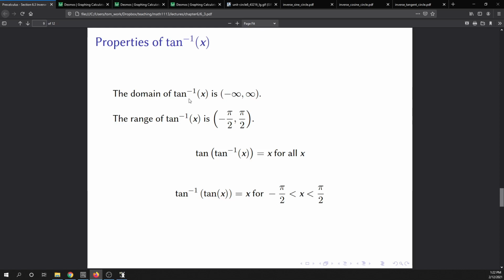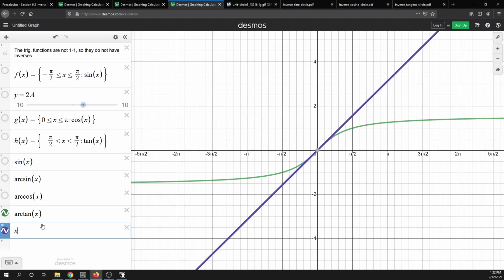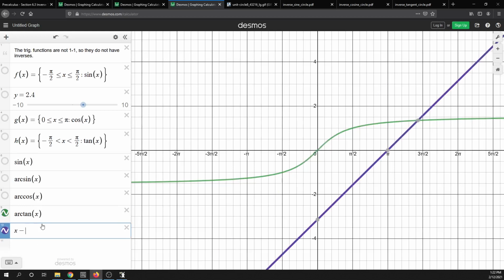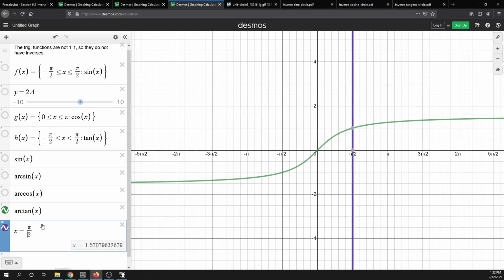The domain of the inverse tan function is -infinity to +infinity. So it has an unbounded domain, unlike inverse sine and inverse cosine. And the range of the tan inverse function is from -pi/2 to pi/2. So if I look, the graph of tan inverse never gets above y equals pi/2.